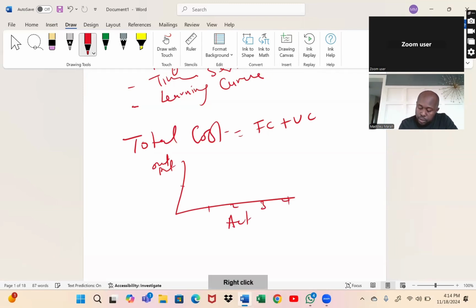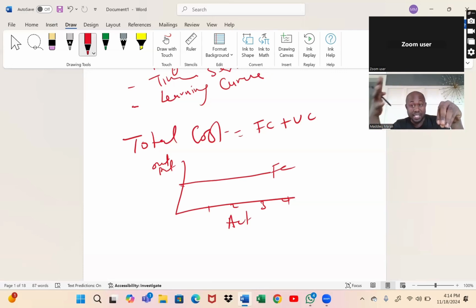So this can be our fixed cost. Fixed costs, these are costs that tend to be constant, irrespective of the level of activity. Meaning, if the activity changes from 1 to 2, from 1, it's here. From 2, also, it's here, the same line. 3, it's here, the same. So even though activity changes, the cost remains constant. These are fixed costs. Okay?